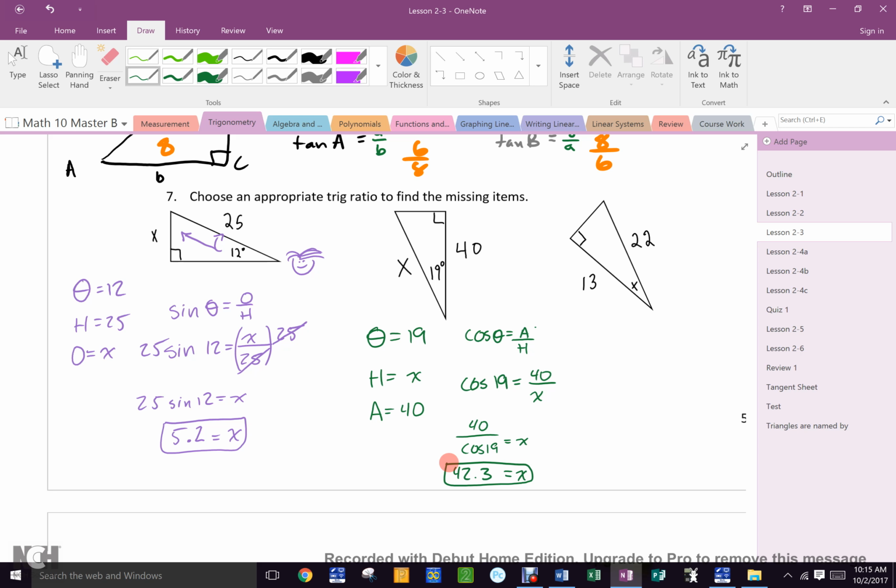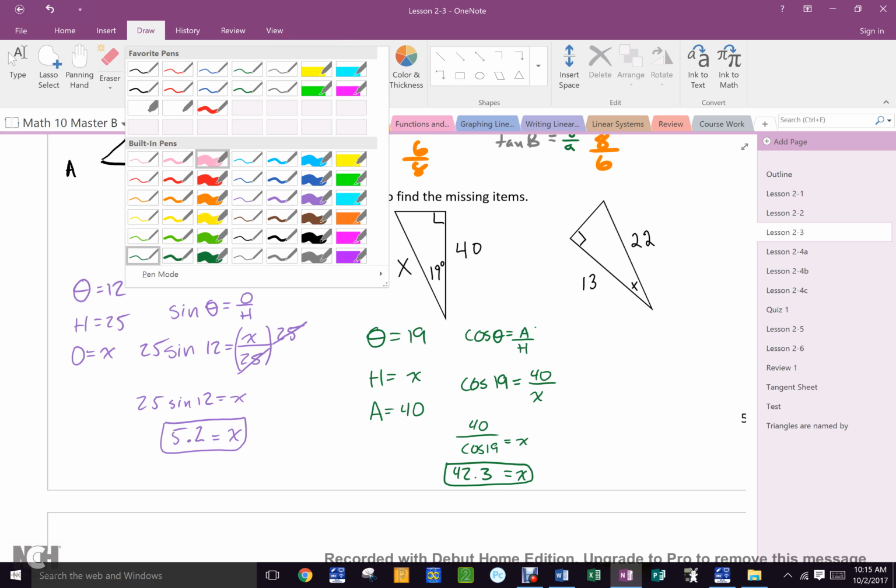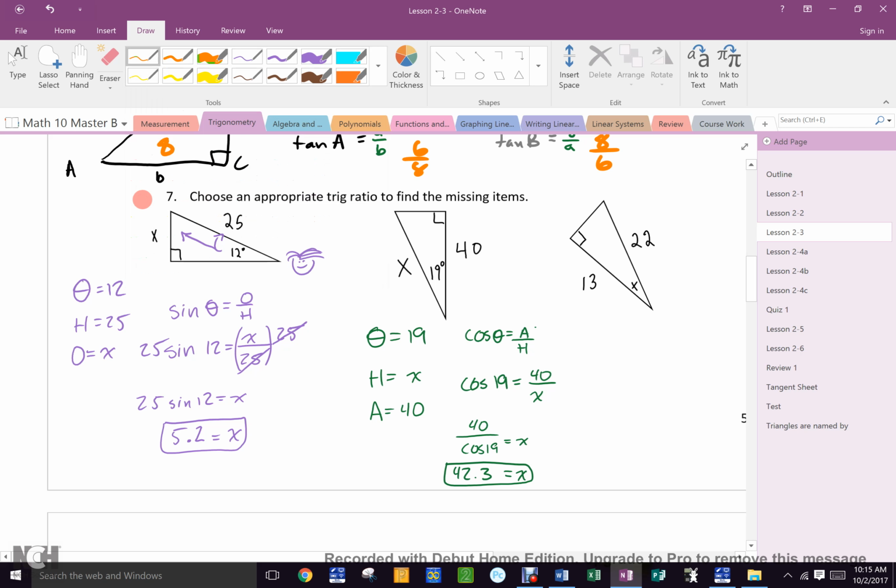So everybody look at, I feel like writing in orange over here. Do I have a theta? No. What other parts of the triangle do I have? I have a hypotenuse of what value? 22, and an adjacent of 13.